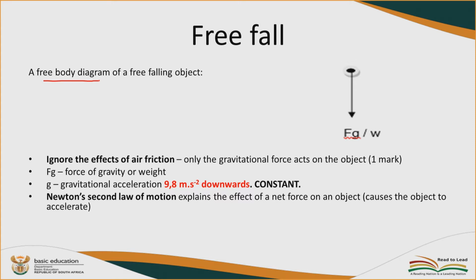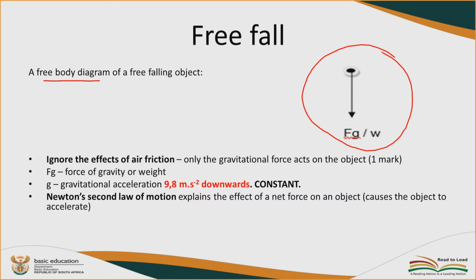So if we were to draw a free body diagram of a free-falling object, we would have something of this sort, okay? Now, if we draw our attention to the free body diagram, you do realize that there's only one force acting on the object, and that force is the force of gravity. Alternatively, we can refer to it as the gravitational force or the weight. This force is on the object downwards towards the center of the Earth, I would assume.